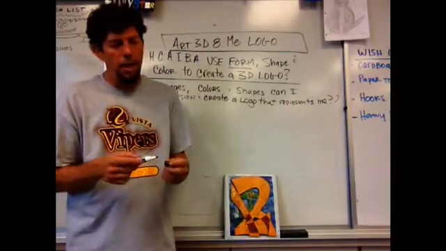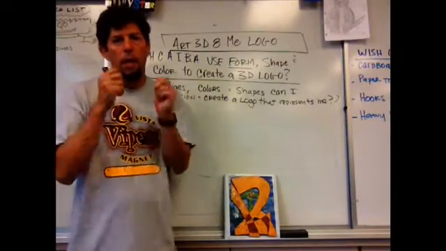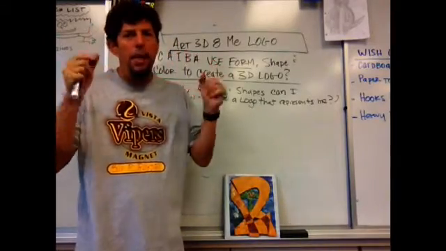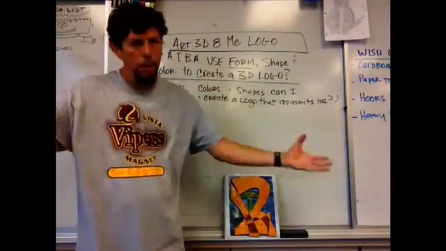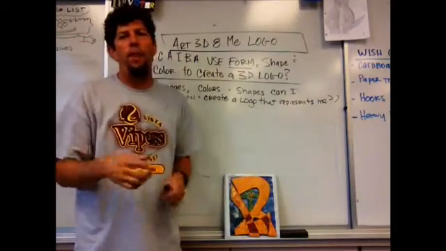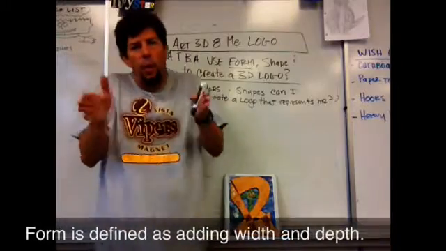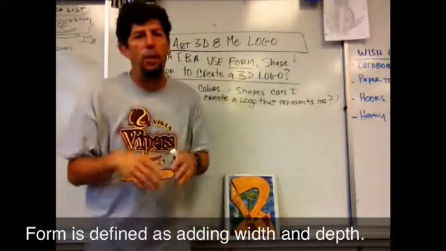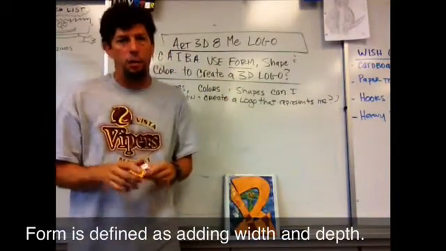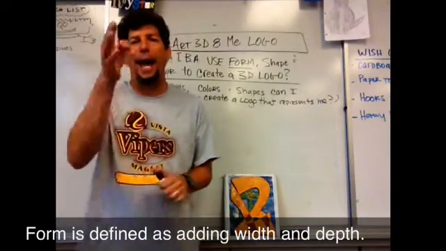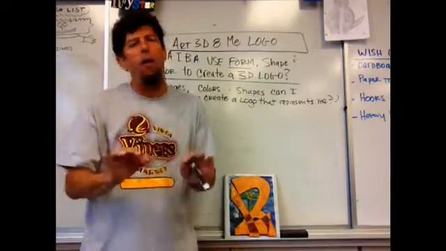If you were to take a balloon and hold it up, it does have some form to it, but as you inflate that balloon, it becomes more three-dimensional. That is form. Form is defined as width and depth. When you give something width and depth that is measurable, you're giving it form, and that makes things appear actually three-dimensionally, or 3D.